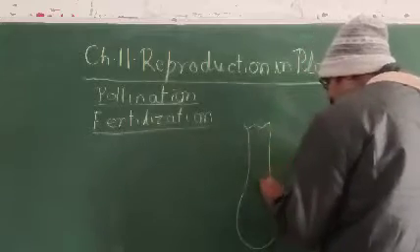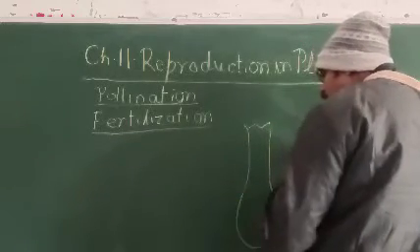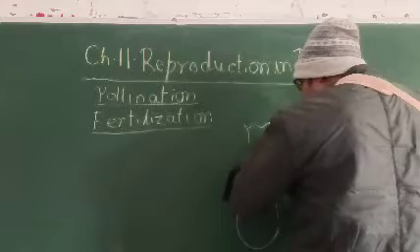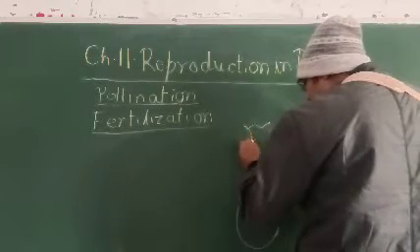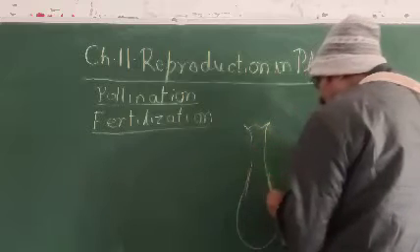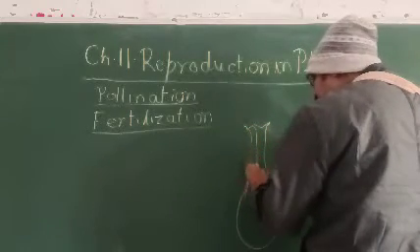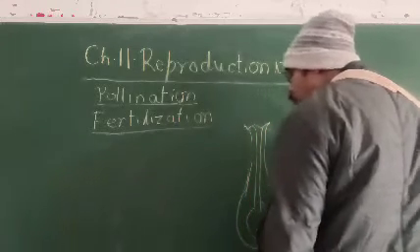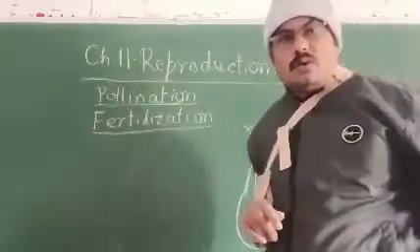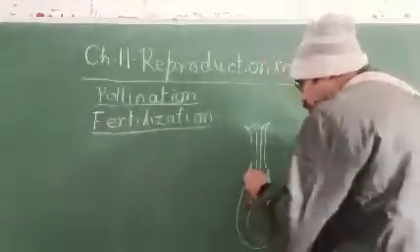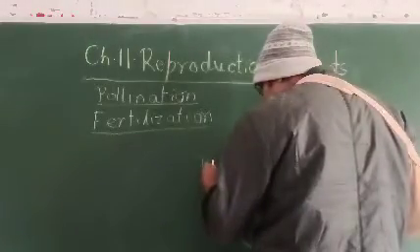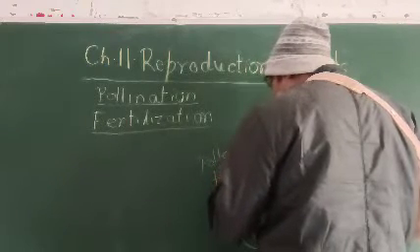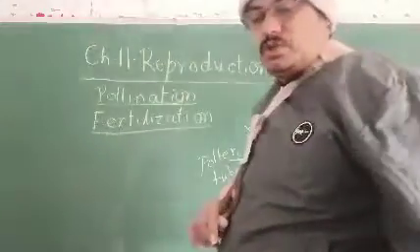This basal part is called the ovary, and this is the stigma, and this narrower part is called the style, and inside it there is a pollen tube that opens inside the ovary, into the ovule. That is called the pollen tube.